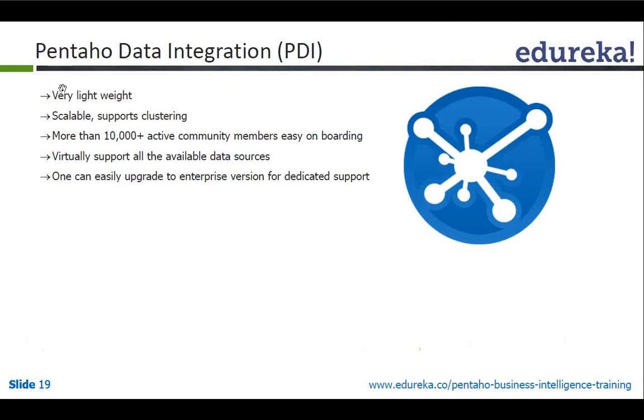So these are, I would say, business features. Technical features: one we have seen, it virtually supports all the available data sources, plus clustering. Clustering you will probably find in all the large players. They are supporting clustering.